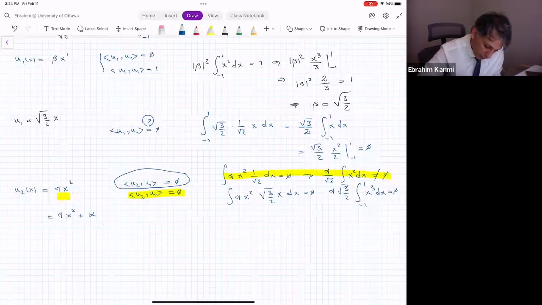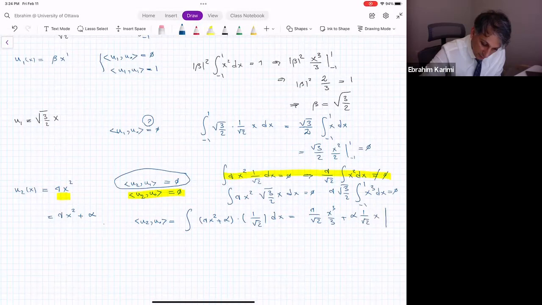It will be for u2 and u0, that will be the integral of gamma x power of 2 plus alpha times the other term, which is 1 divided by square root of 2, dx equal to 0. You will get gamma divided by square root of 2 times x power of 3 divided by 3 plus alpha times 1 divided by square root of 2 times x, from -1 to 1. All right.